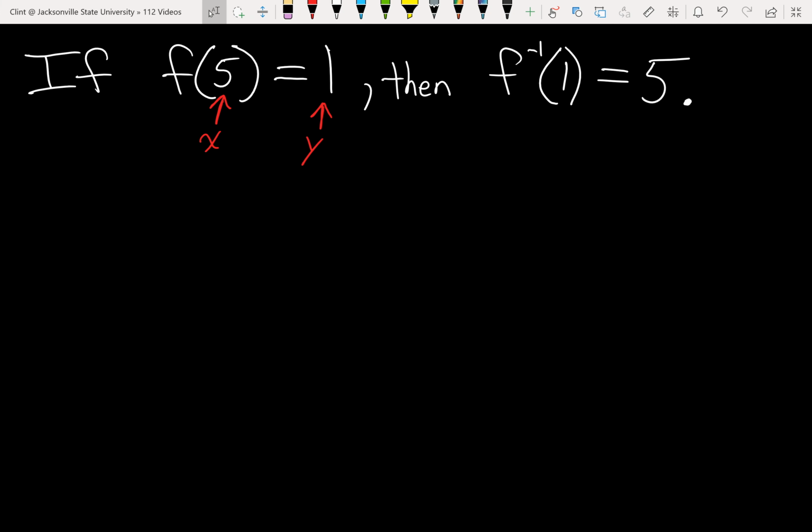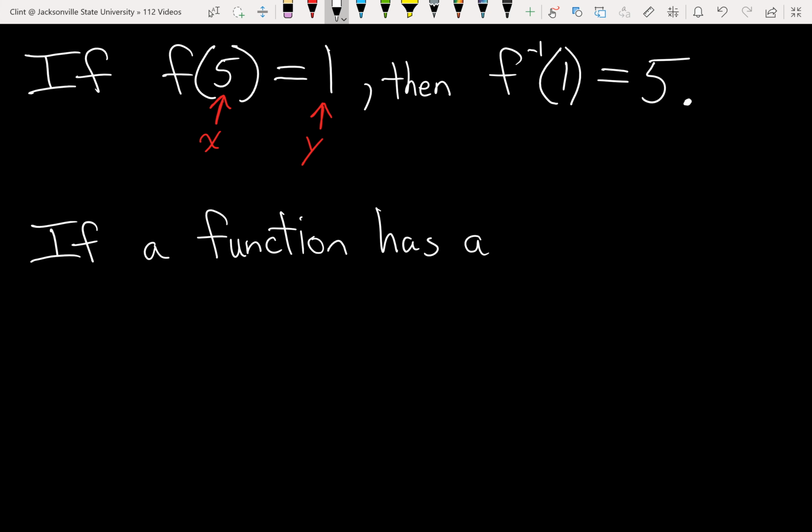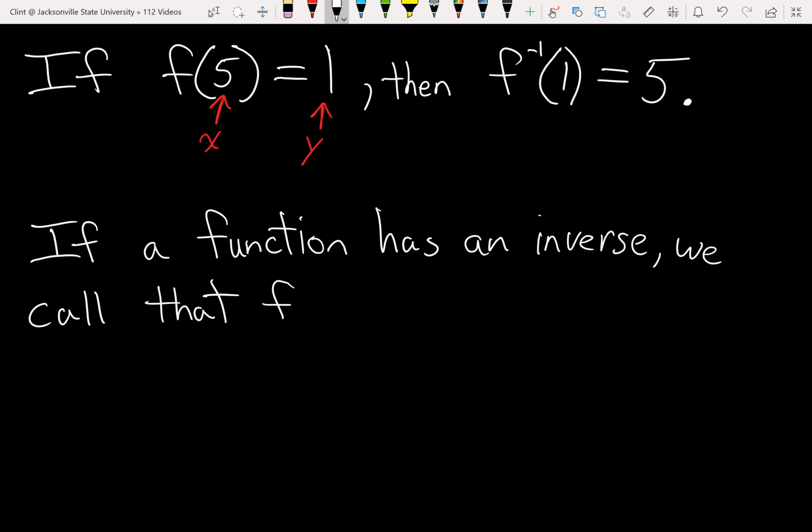Not all functions have inverses, but if a function does have an inverse, we call that function, and there's terminology that we use here, 1-to-1.